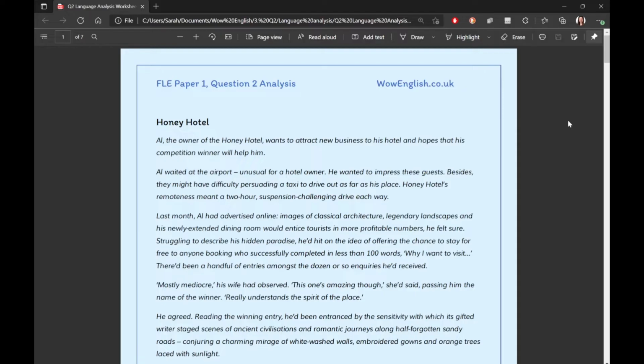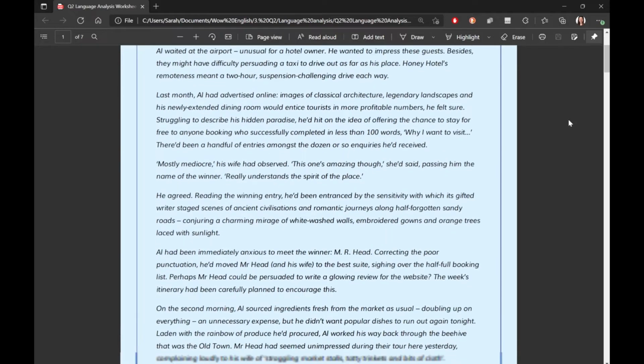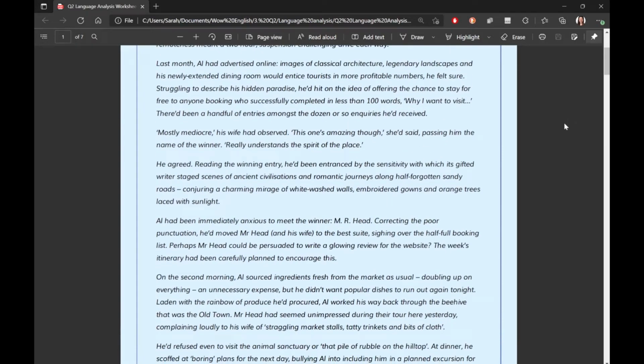Mostly mediocre, his wife had observed. This one's amazing though, she'd said, passing him the name of the winner. Really understands the spirit of the place. He'd agreed. Reading the winning entry, he'd been entranced by the sensitivity with which its gifted writer staged scenes of ancient civilizations and romantic journeys along half-forgotten sandy roads, conjuring a charming mirage of whitewashed walls, embroidered gowns and orange trees laced with sunlight.